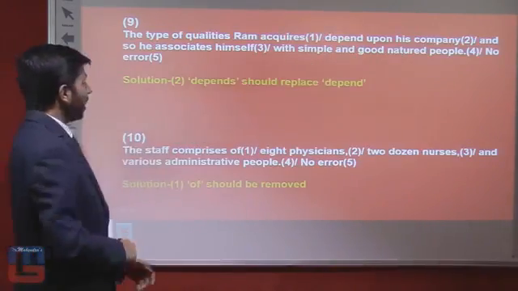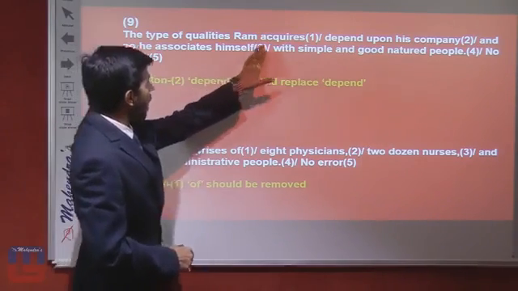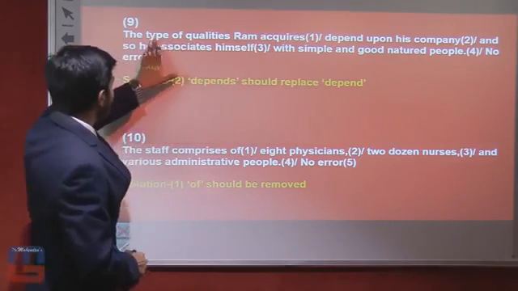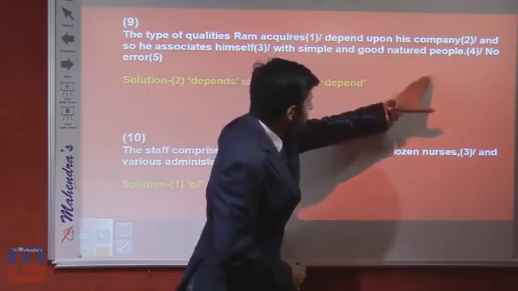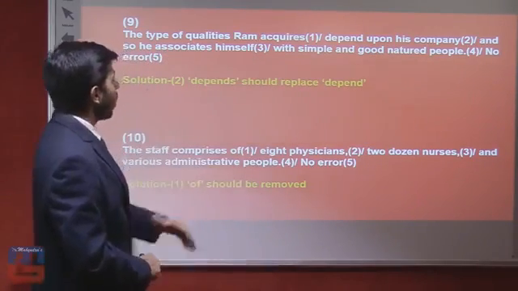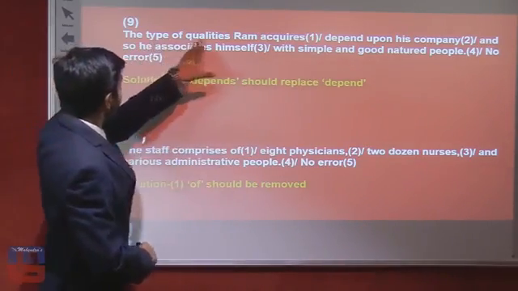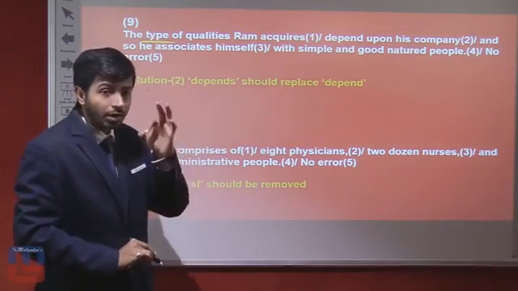So next statement, the type of qualities Ram acquires. Ram acquires, singular subject, singular verb. So the type of qualities Ram acquires depend upon his company, and so he associates himself with simple and good natured people. No error. So is there an error? The type of qualities, the type is used. It is type which is singular.